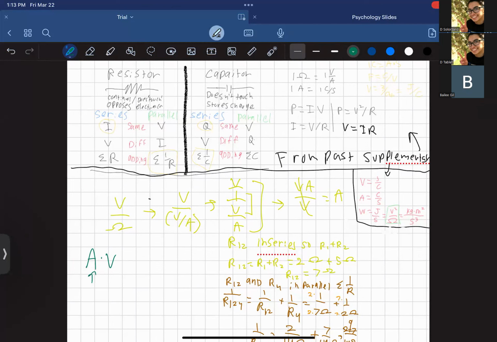So this is coulombs per second, and this one is joules per coulomb. So that's gonna get us joules per second. Okay, yeah, that makes sense because it's work. I believe that should just be work.